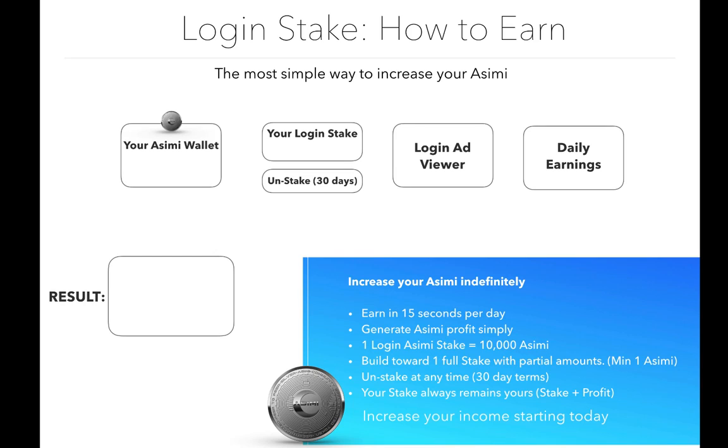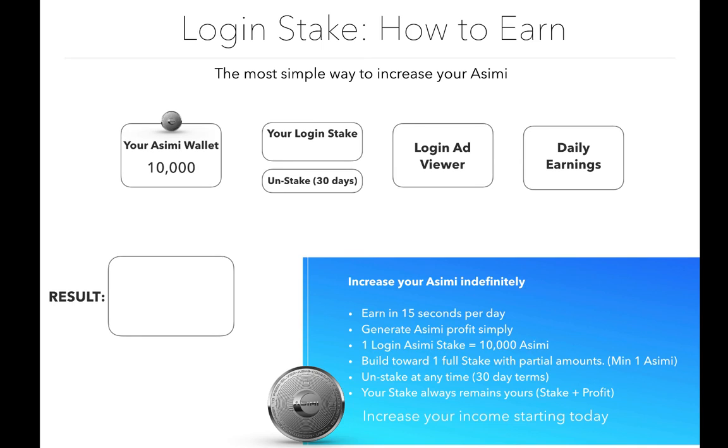And so today I want to show you exactly how it works to make it very clear on how you can get involved. One login stake is 10,000 Asimi tokens. Now, you may acquire the 10,000 Asimi tokens on an exchange. You could purchase them, or you could sell other products on Hashing Ad Space and earn commissions, or you could watch ads and slowly work your way towards 10,000 Asimi tokens, or perhaps a combination of all three.